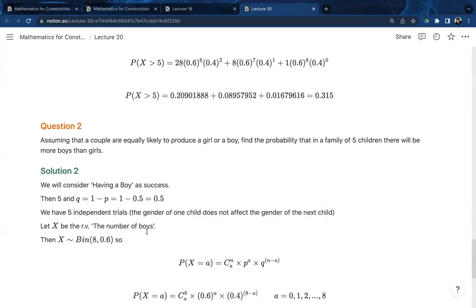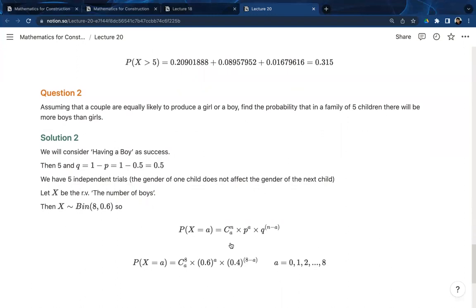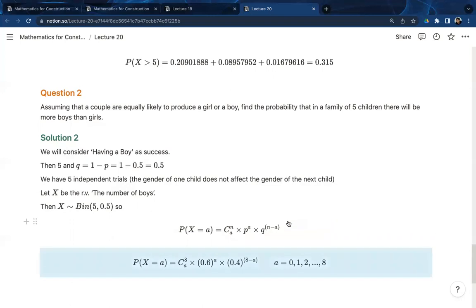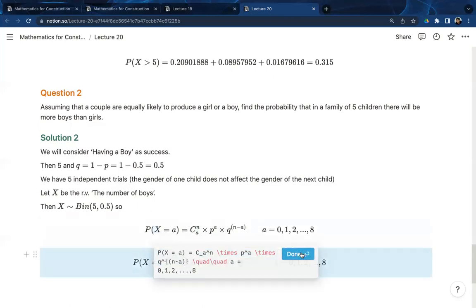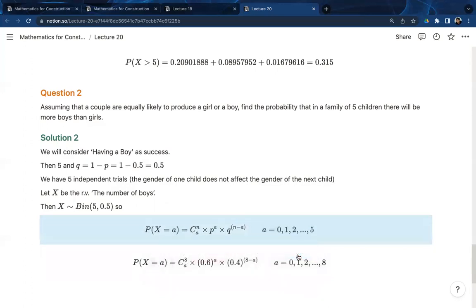So X is the random variable, the number of boys. It is a discrete variable. It can have values 0, 1, 2, 3, 4, 5. It's random because the sum of the probabilities is equal to 1. So we have five events and the probability of success is 0.5. So the probability that X has a certain value A is this here, right, and A goes up to 5.